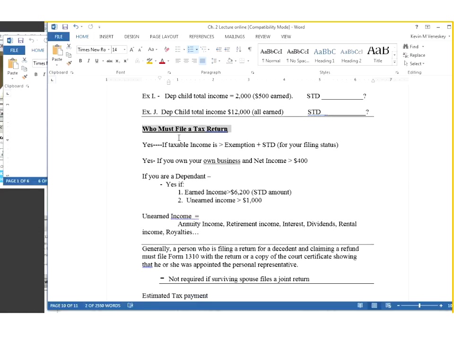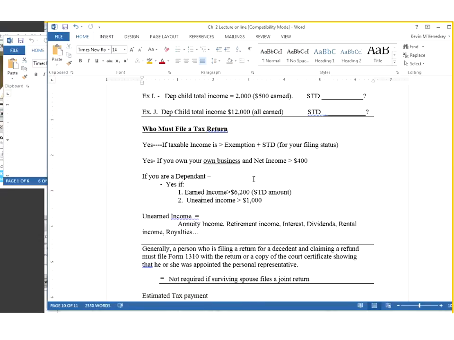Who must file a return? Remember that whole page in the spiral documents. It gives you step-by-step with dollar amounts, but this is kind of the word form to see where those numbers came from. If your taxable income is more than the exemption, $3,950, plus your standard deduction, you do have to file a tax return.